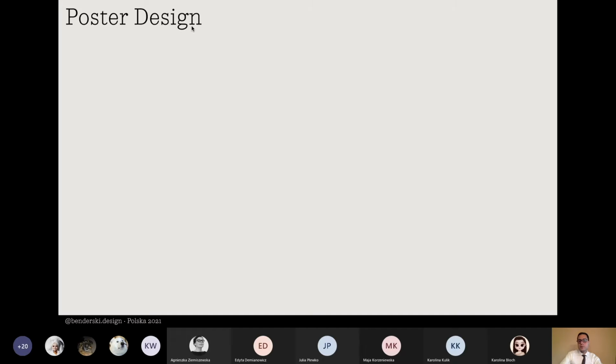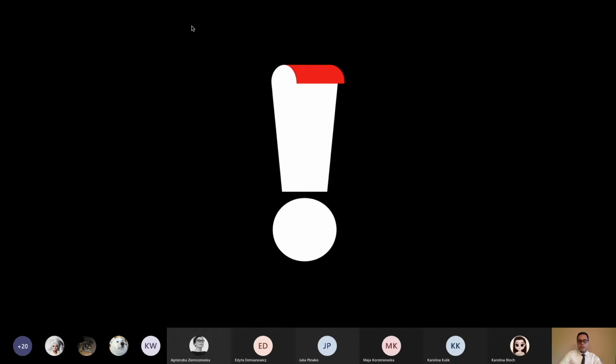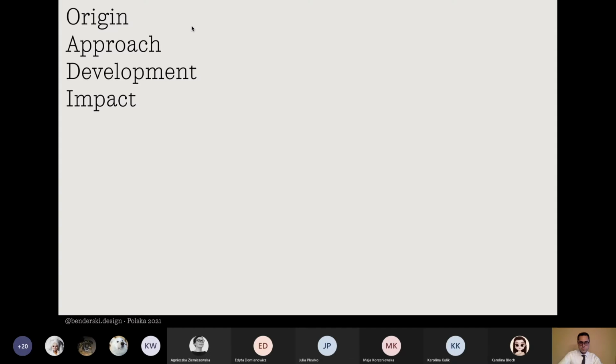If you ask me to design a symbol for a poster, and I have to define it in an image, it is a piece of paper that shouts, because posters have to be visually powerful in order to communicate the message, because we're going to find a poster on the streets. First of all, we only pay attention to our own world, and if something needs to grab our attention, it has to shout. So this is the symbol I created to represent what a poster is.